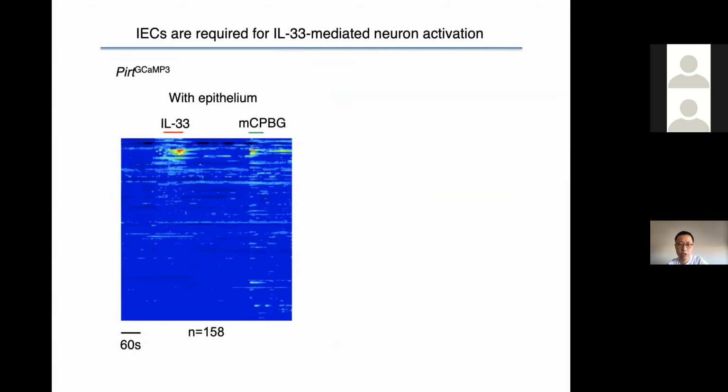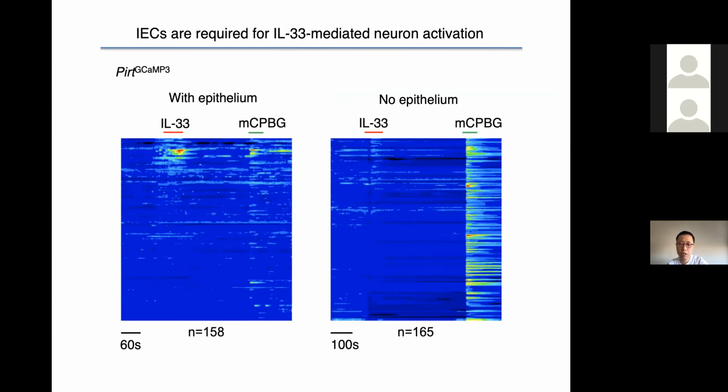So as soon as you remove this layer, what do you see? Whatever you put on, IL-33 gives no response whatsoever, while the positive control still shows the response. This clearly indicates that the epithelial cells are really responsible for the IL-33 signal, and then pass this signal along to the enteric neurons to control motility.